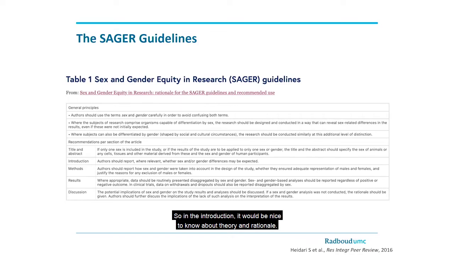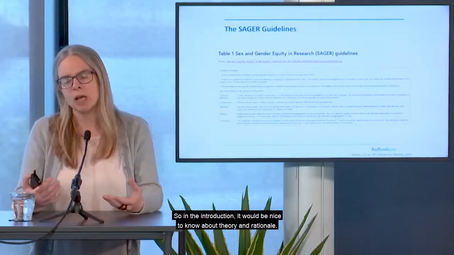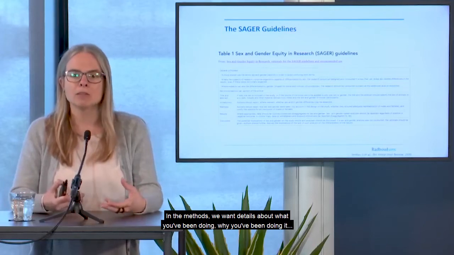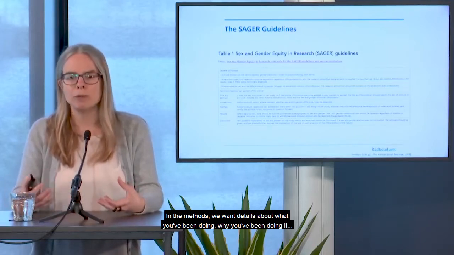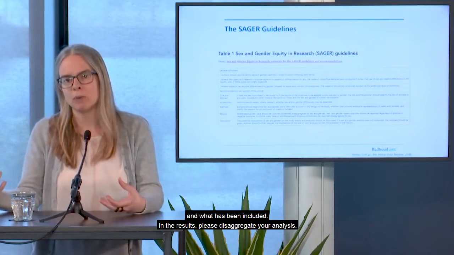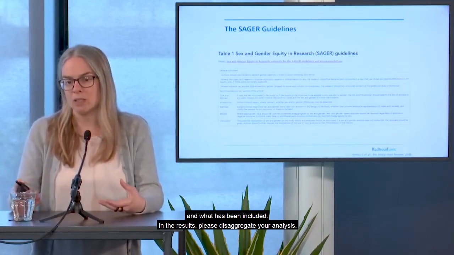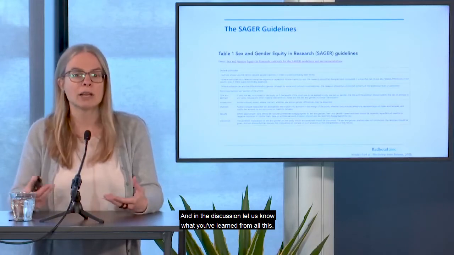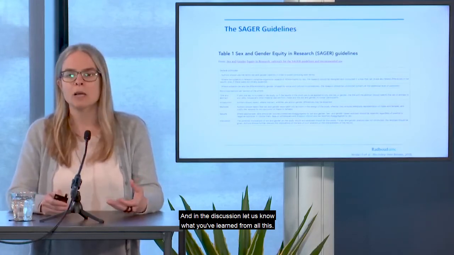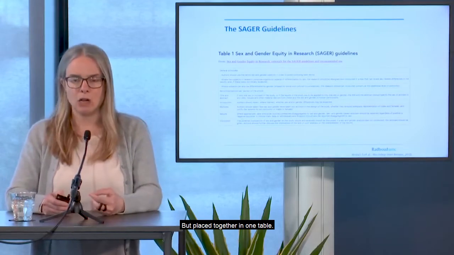So of course in the introduction it would be nice to know about theory and rationale. In the methods we want the detail about what you've been doing, why you've been doing it, and what has been included. In the results, please disaggregate your analysis. And of course, in the discussion, let us know what you learned from all of this, all placed together in one table.